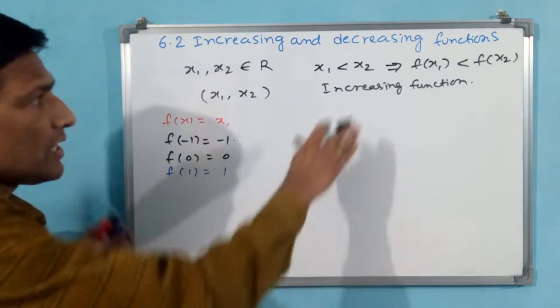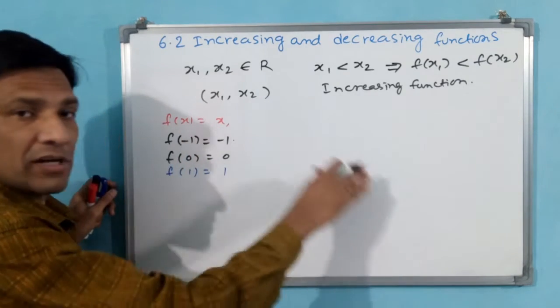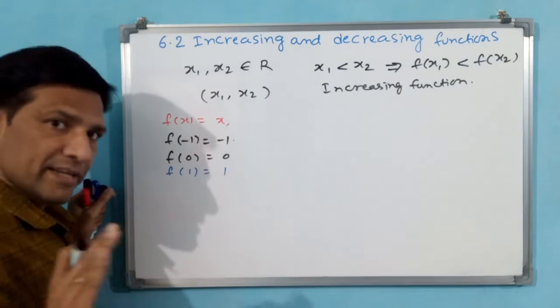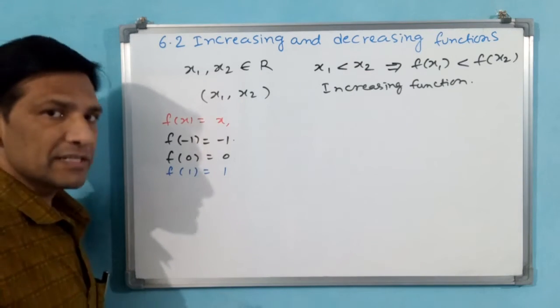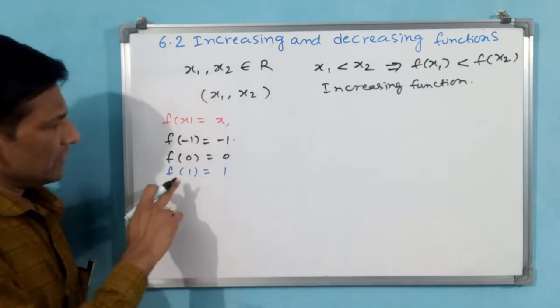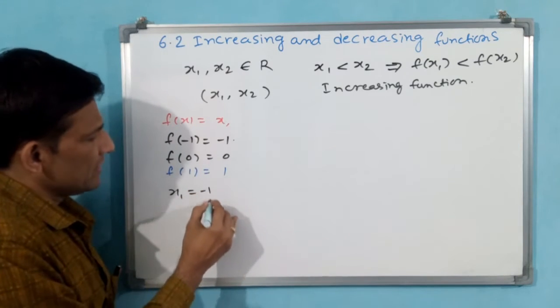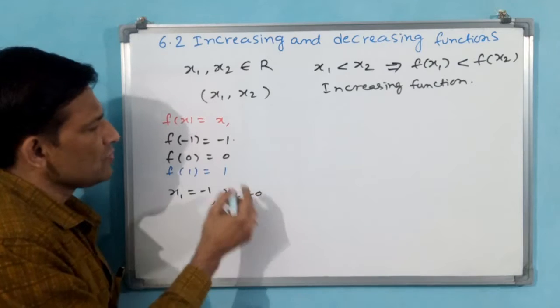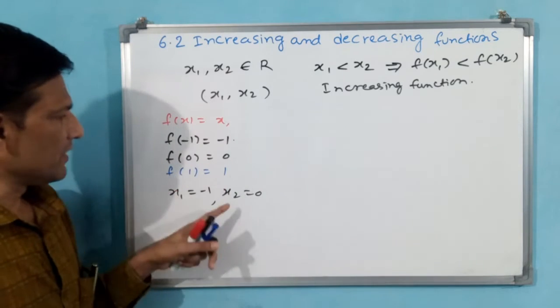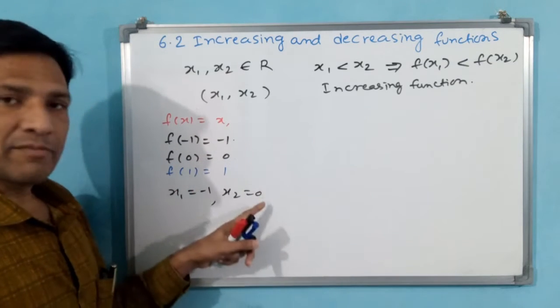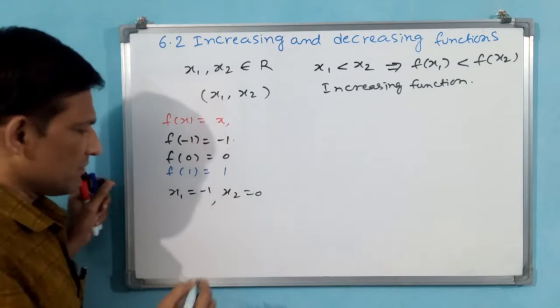I have not written decreasing function or constant function. First we are understanding increasing function only. Let us understand slowly. Say x1 is -1, x2 will be 0 or 1, both. Why? Because 0 is also greater than -1, and 1 is also greater than -1.